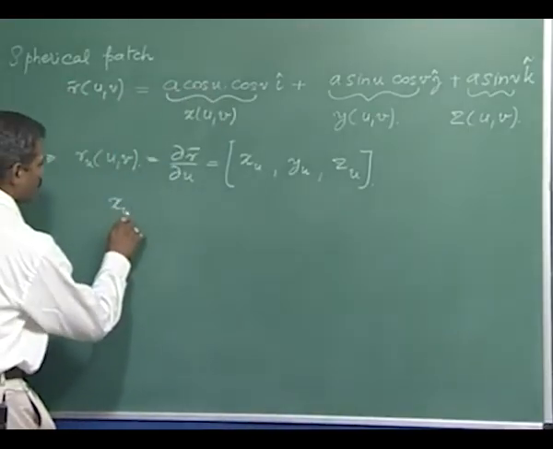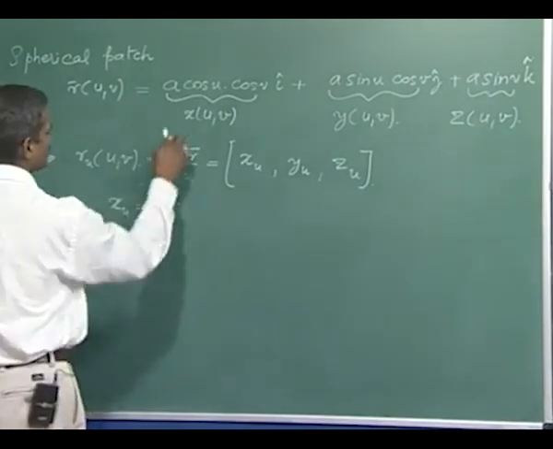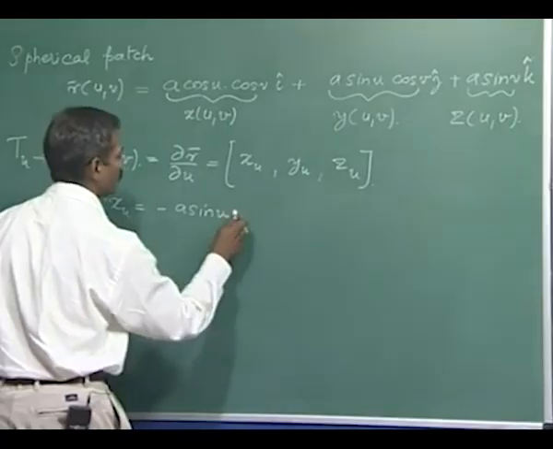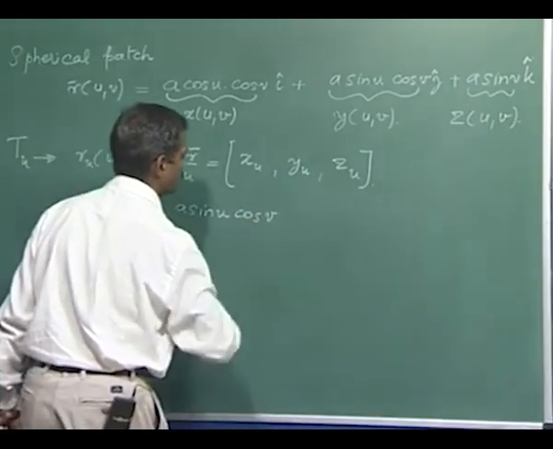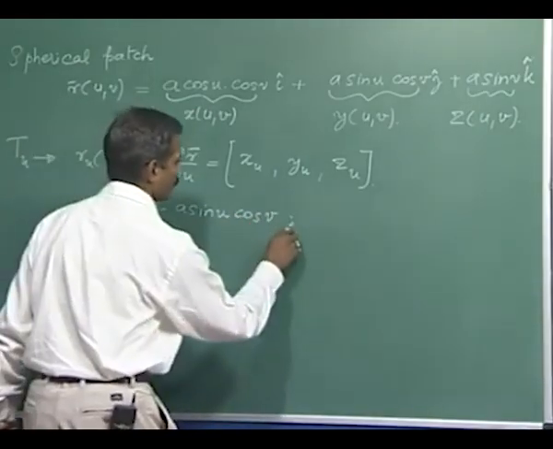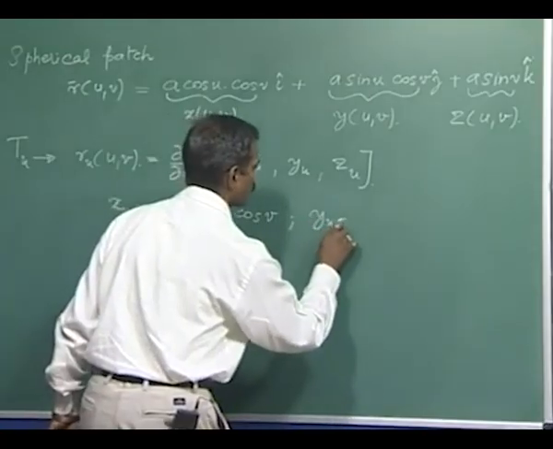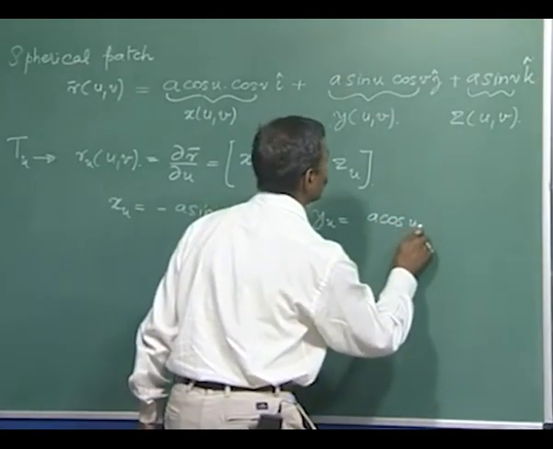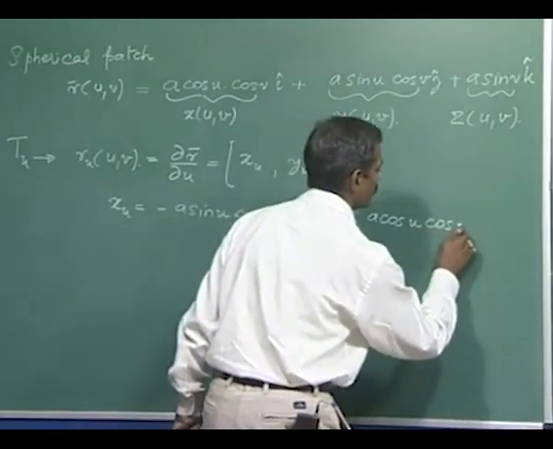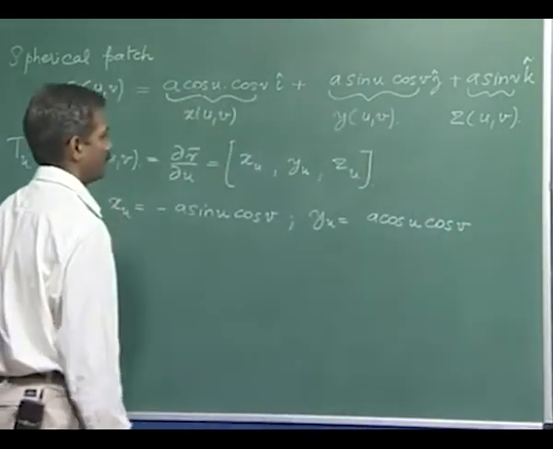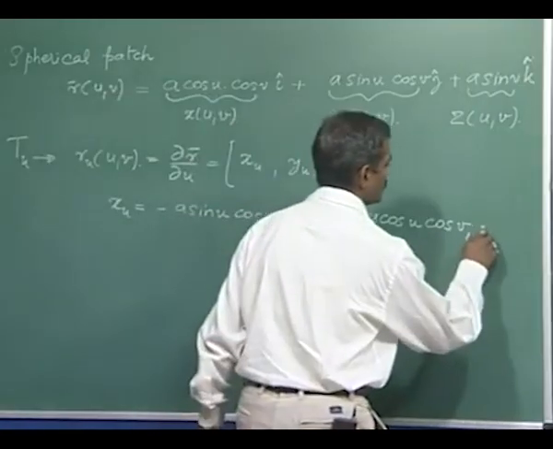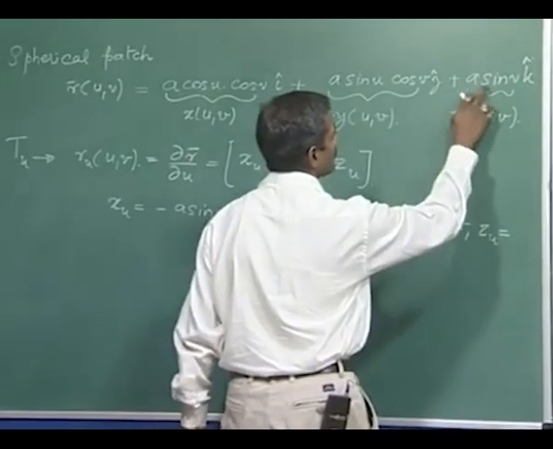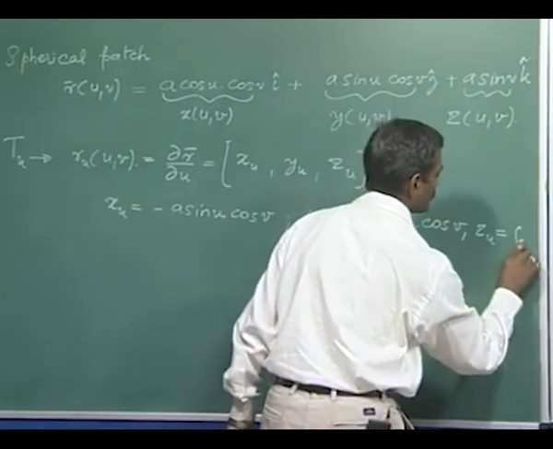So x sub u is minus a sine u cos v. Y sub u is a cosine u cosine v. Z sub u, there is no u dependence here, so this is 0.